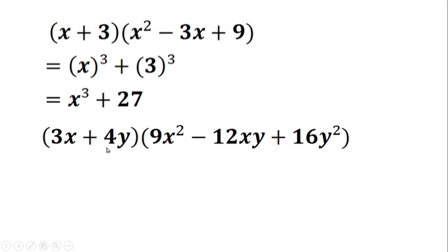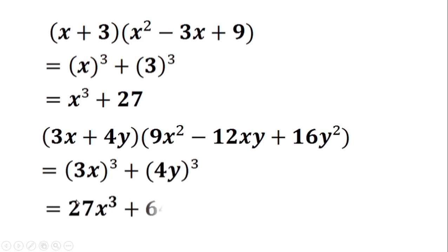And the last term is the square of 4y, which is 16y squared. And this will result into 3x being cubed plus 4y being cubed. 3x being cubed is 27x cubed, 4y being cubed is 64y cubed.